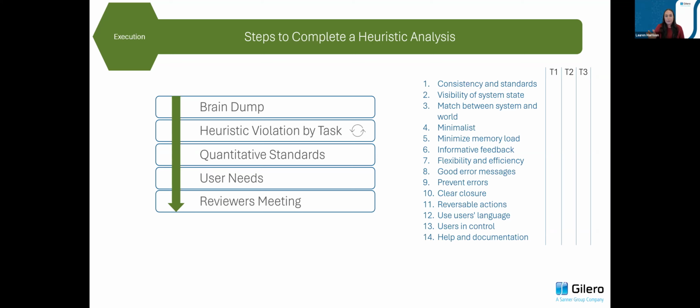And then you would meet as reviewers in your review meeting. This is our secondary check to make sure that we're all aligned in our evaluation, doing things right. We would discuss any conflicting violations. This is where you can be an advocate for why you chose something, or you can defend something against somebody else. Here we also do a complete review of the sheet and make sure nothing's missing.